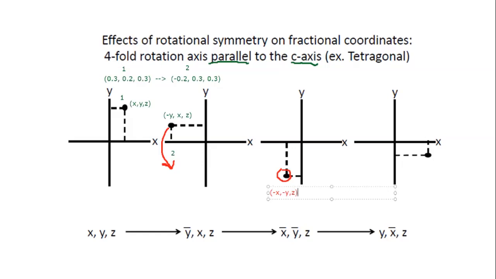So each time we're taking the negative of the y, making it the x value, and taking the previous x value and making it the y value. I know it's confusing. Let me show you.